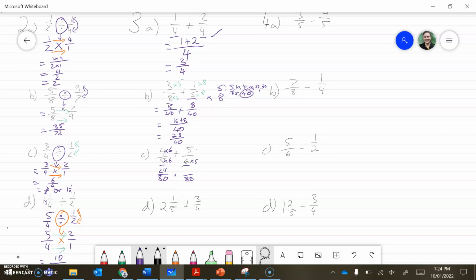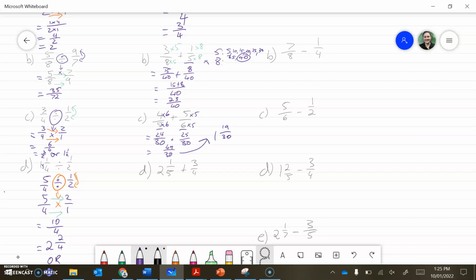And to get from 6 to 30, I've got to times by 5. So 24 over 30 plus 25 over 30. Then what I need to do is my common denominator is 30. 24 plus 25 is 49. So I've got 49 over 30. And what I could do is I could write that as a mixed number, which would be 1 and 19/30.